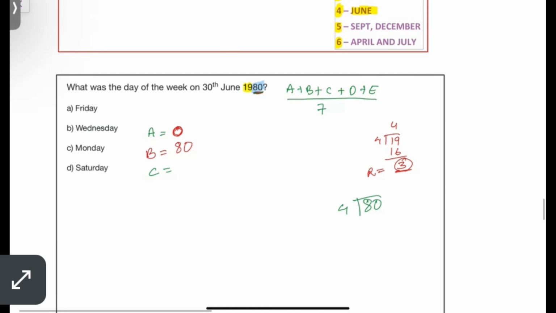We know that a leap year comes after every 4 years, so you divide by 4. 4 20s are 80, which means there are 20 leap years.